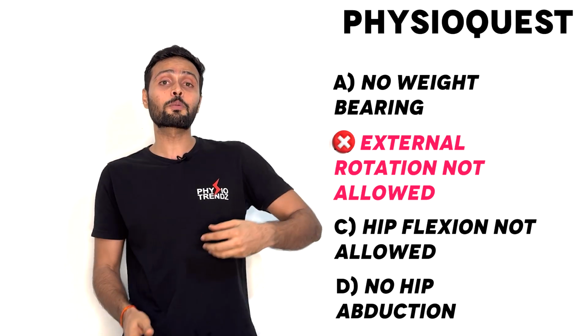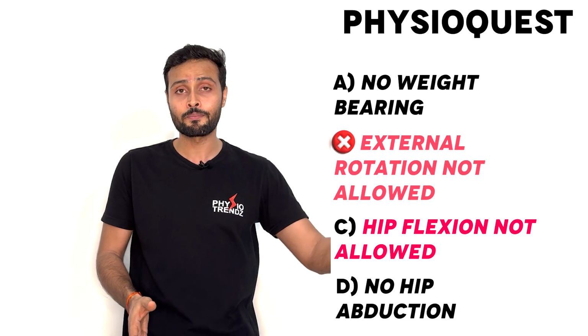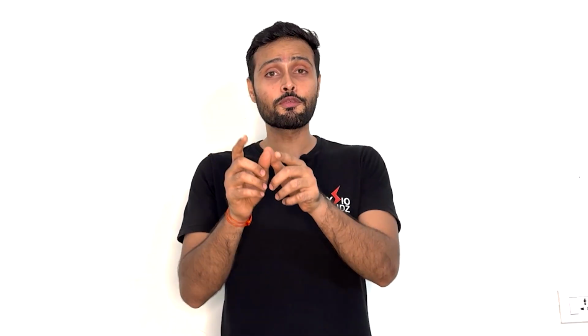Now I know that option C many of you must have selected because it is about hip flexion. Yes, definitely in hip flexion the head of the femur moves in the posterior direction. That might be risky whenever the posterior approach is used for arthroplasty. But wait a minute and think about it: we are not completely restricting hip flexion here.